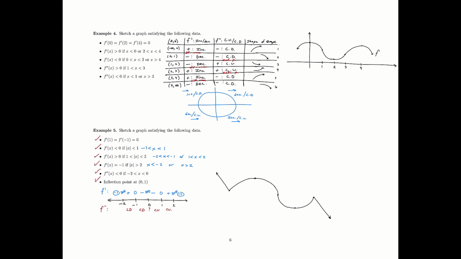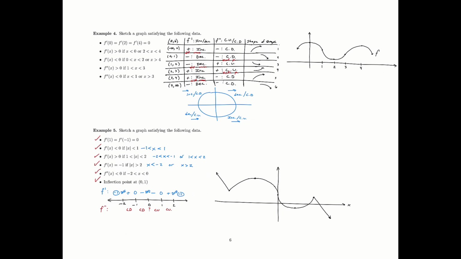So now what else do we know? We do know that we have an inflection point at 0, 1, so our inflection point right here, we know the y value is 1. So we're not told any other information, so I'm just going to go ahead and draw the horizontal axis. And with this point being 0, 1, we know that the y-axis has to go right through there.